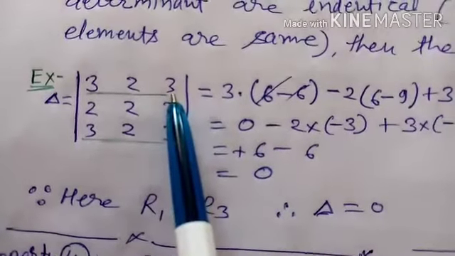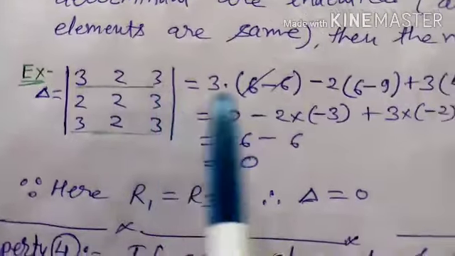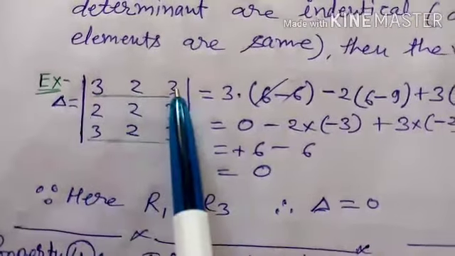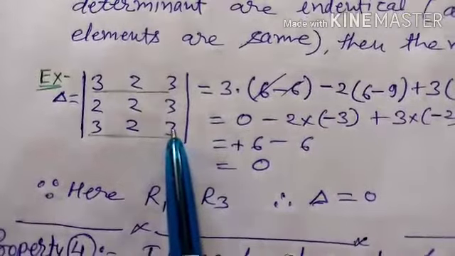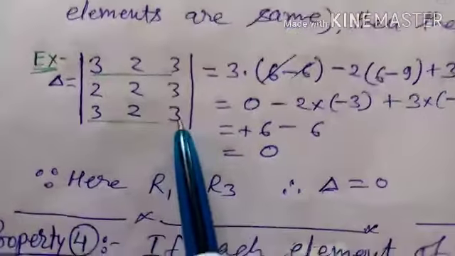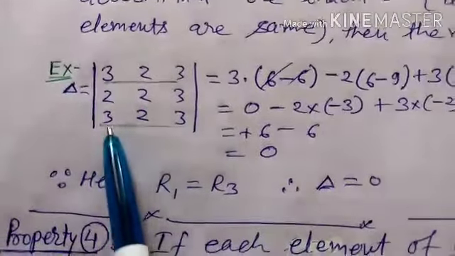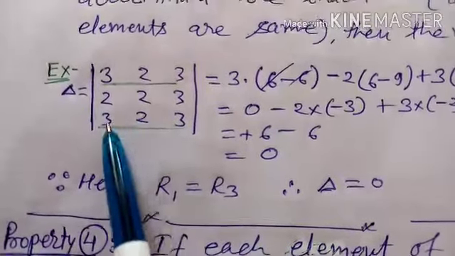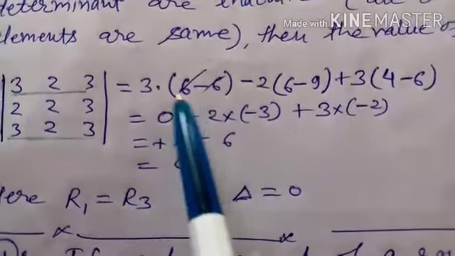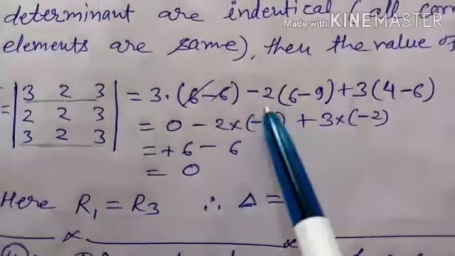Now plus, and this is 3. First row and third column deleted, so only this 2 by 2 determinant remains. So 2 into 2 is 4, 4 minus 6. Now 6 minus 6 cancels out to 0, so 3 into 0 is 0.